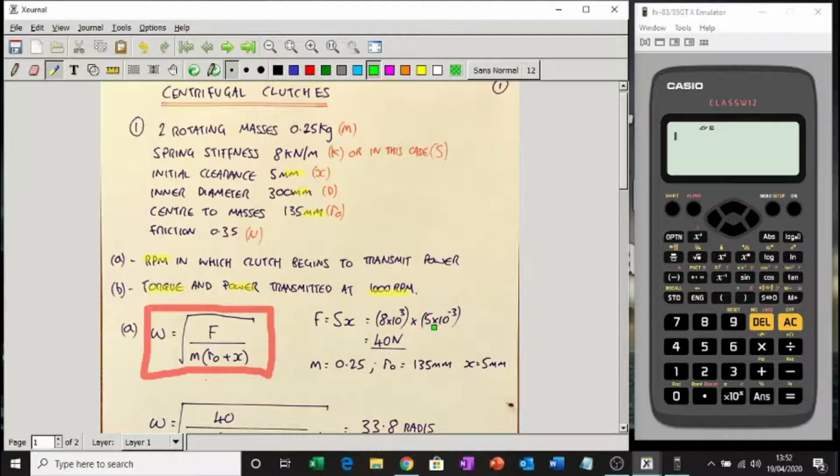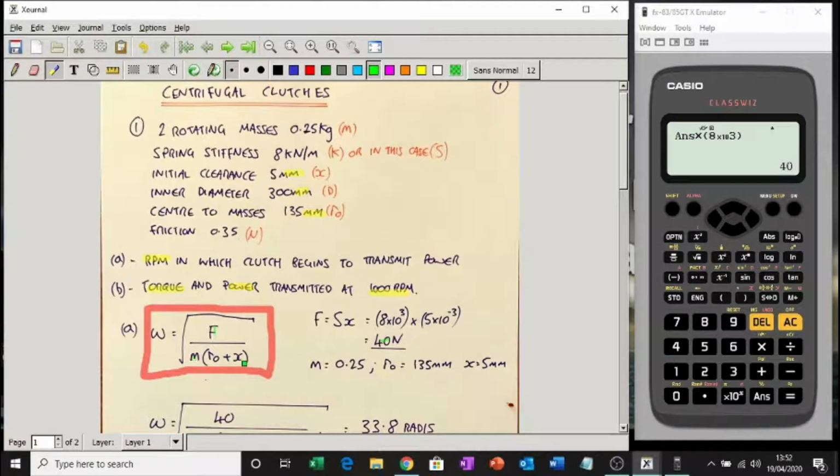So that's 5 mil in meters, 5 divided by 1,000. So that times by 8 kilo will give us the spring force, which is 40 newtons, which is the number I'm going to put in there.